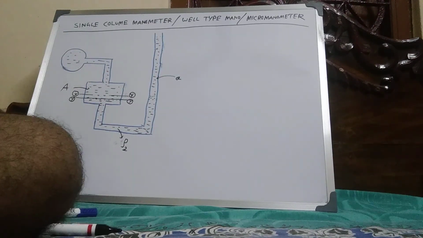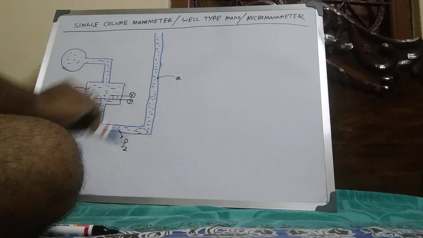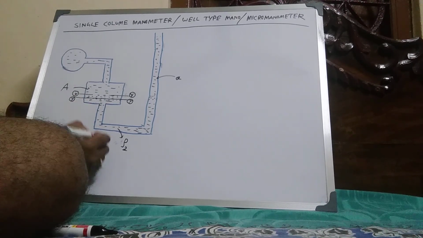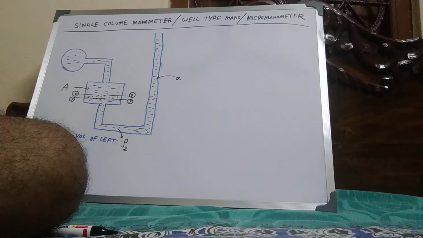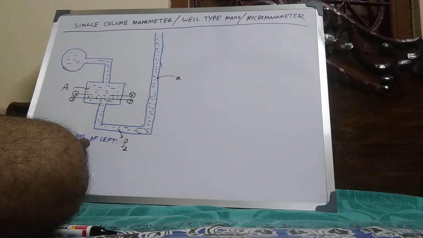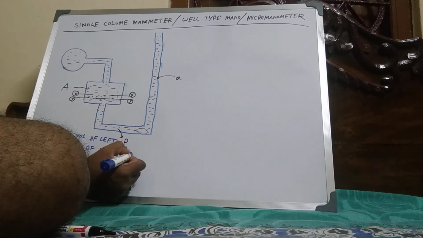After connecting, at Y1, the displaced volume of the left limb equals the rise of volume in the right limb.